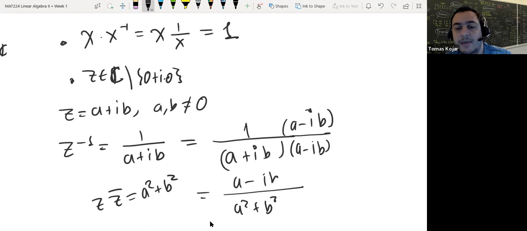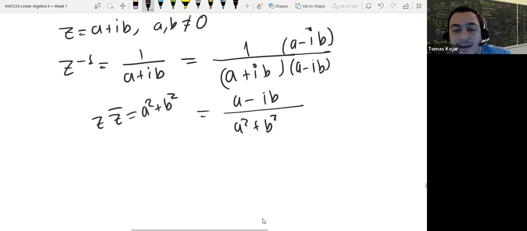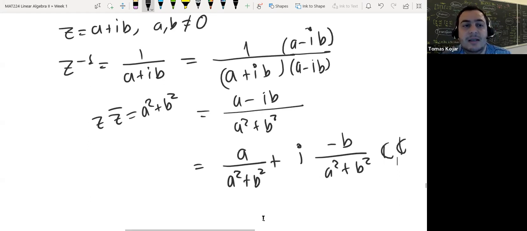And so finally, you can write it as a true complex number, like this. Okay, this is indeed a complex number. Is that okay? Is it clear what we mean here? So that's the multiplicative inverse.